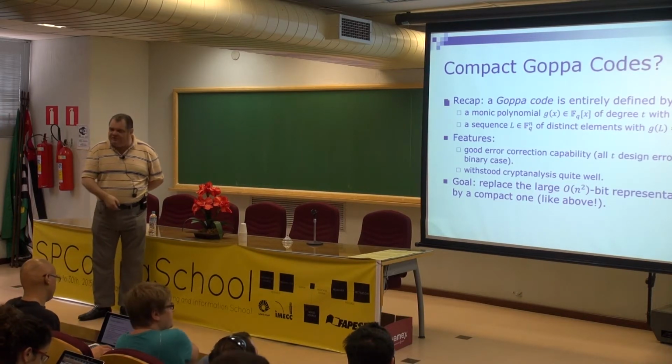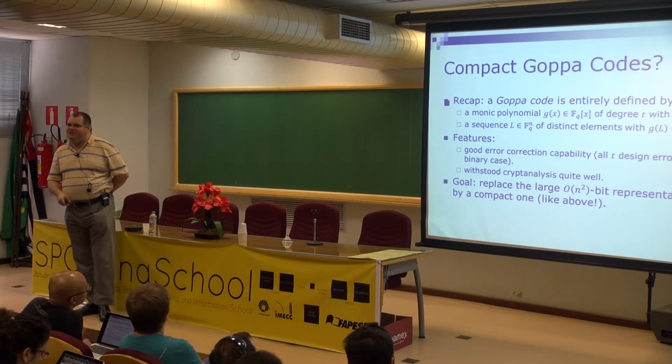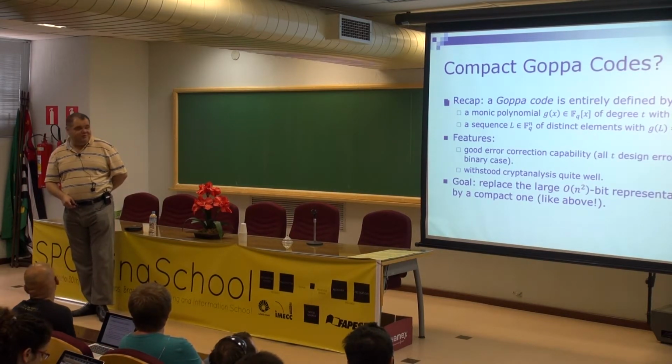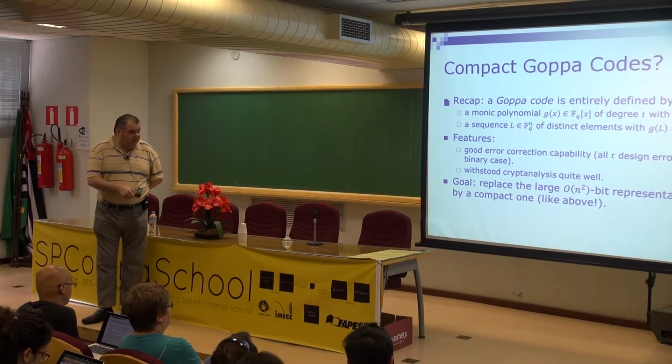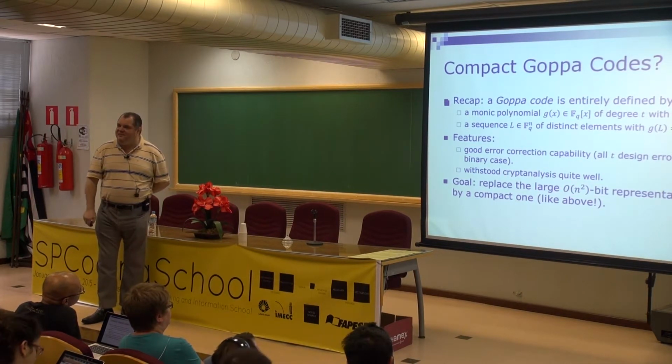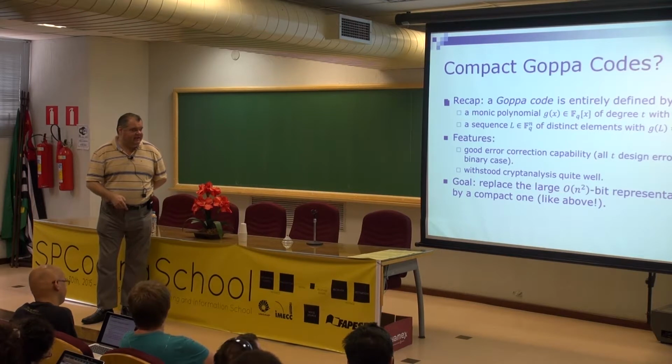They can correct a lot of errors. Cryptanalysis has been largely unsuccessful for Goppa codes after 45 years. And so our goal will be to replace the quadratically sized keys by much smaller ones.